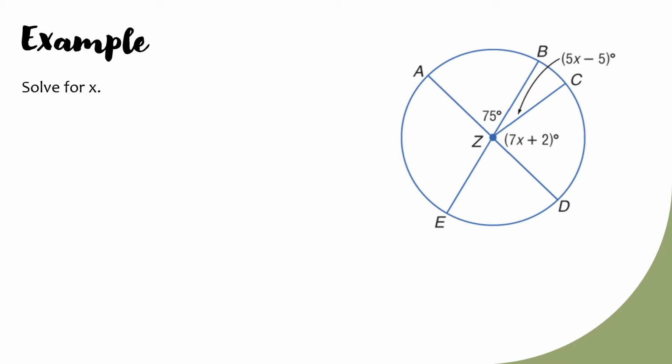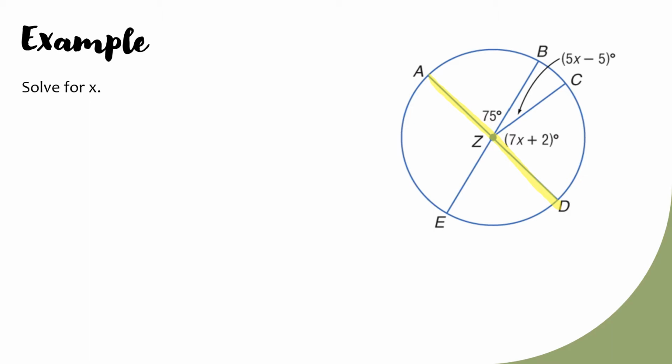Here is circle Z. We've got several different radii drawn, so we have several different central angles we could look at. Notice two of them don't have any measures given, but I could also identify our diameter here.